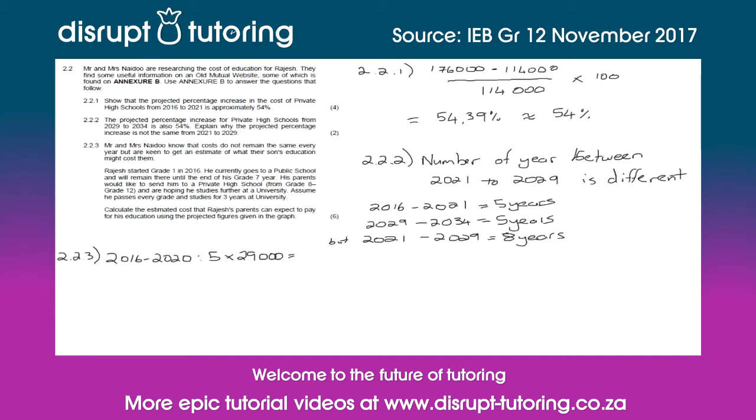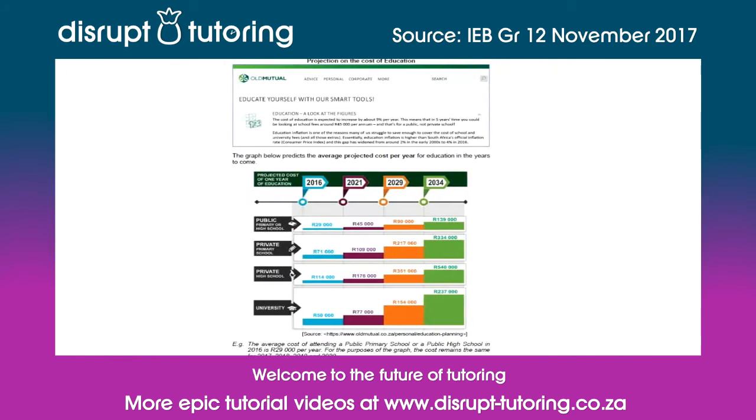Putting this into your calculator, this is going to come to a total of 145,000 Rand.